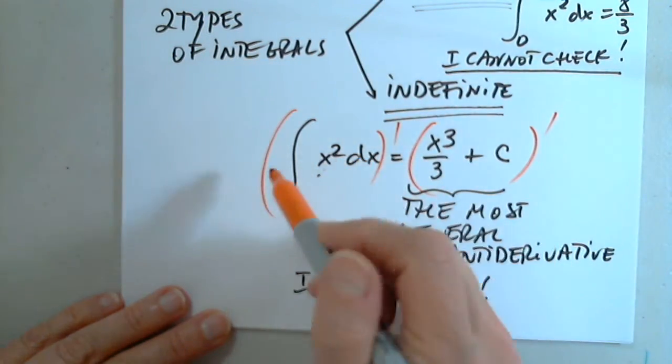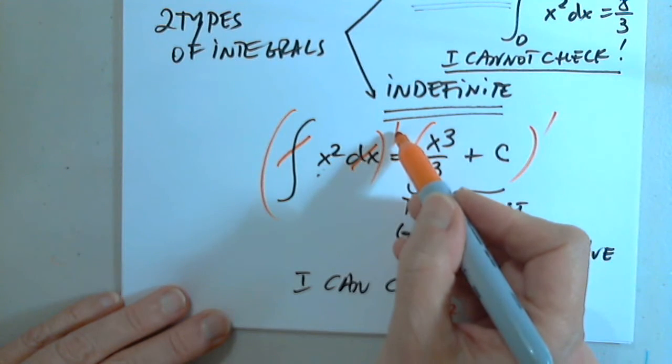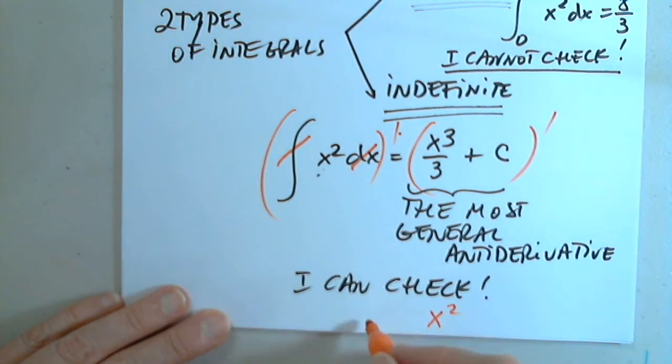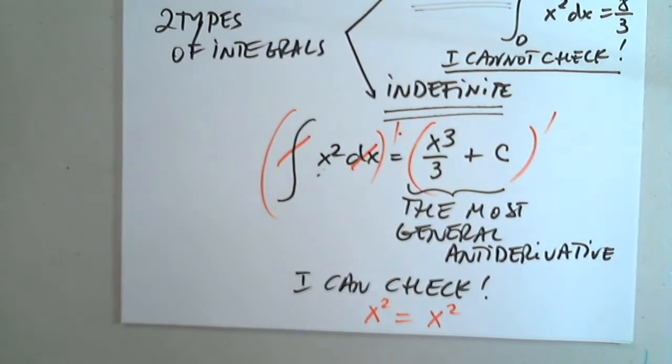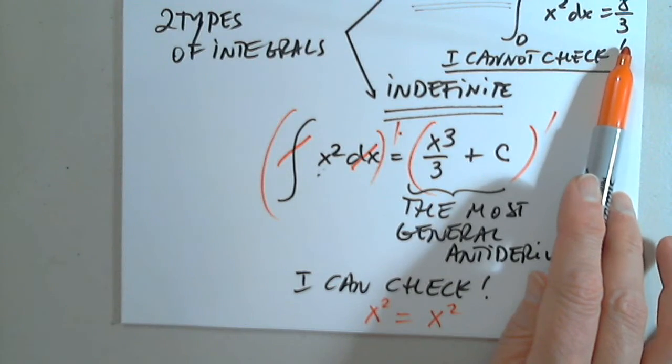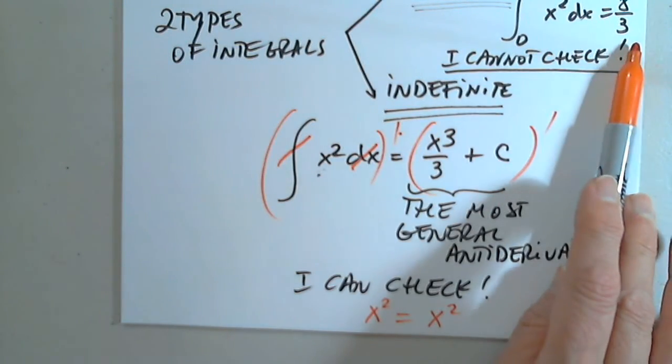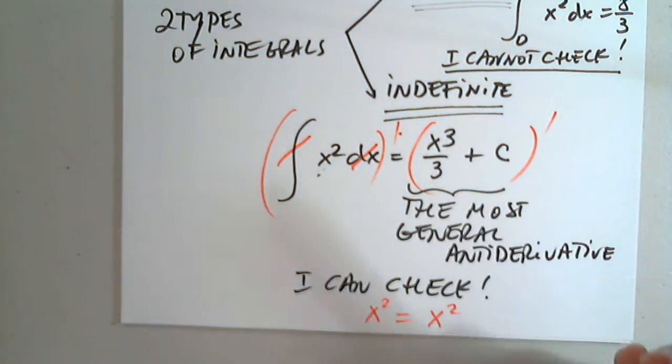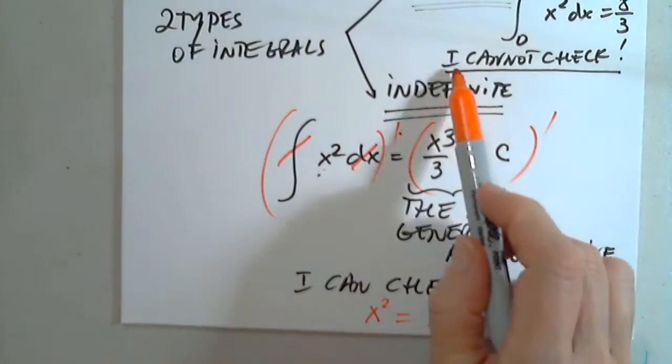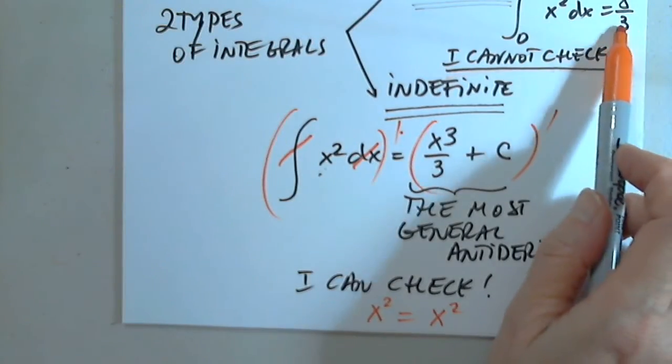When I differentiate the left-hand side, the derivative and the integral symbol cancel. So I have x squared. So x squared equals x squared. With definite, I can only hope. The number, there is no way I can check. I can do it twice or 3 times to make sure I get the same answer, if that's what you want, but I cannot really check this answer.